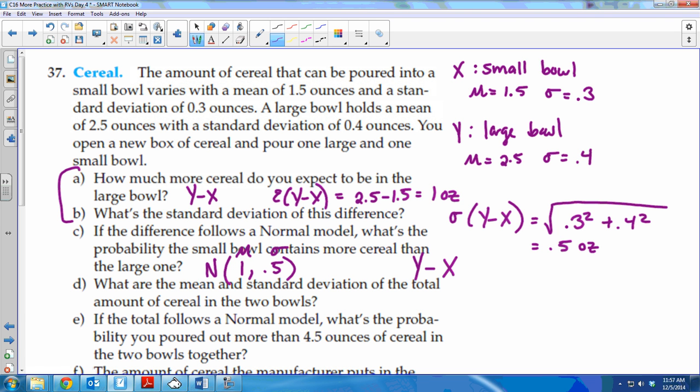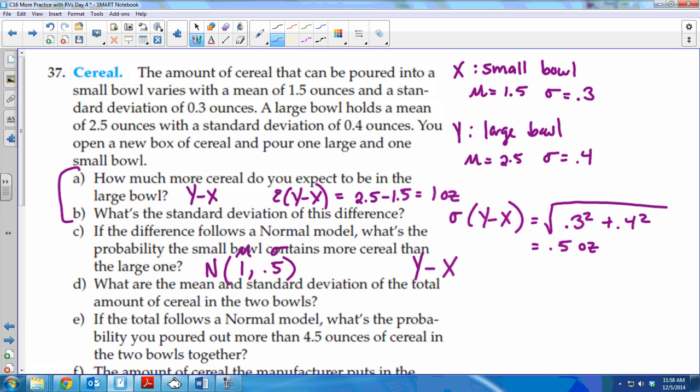When x becomes larger than y, there's more in the small bowl, right? Well, if x becomes larger than y, what kind of numbers are we going to get? Negatives, right? Now, the equalizing point would be when they're both the same. That would be 0, right? So that's like your boundary point. You're doing 0 and below, right?